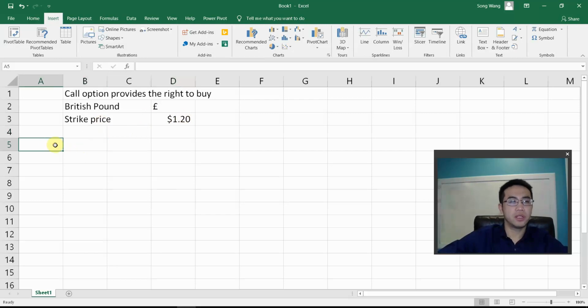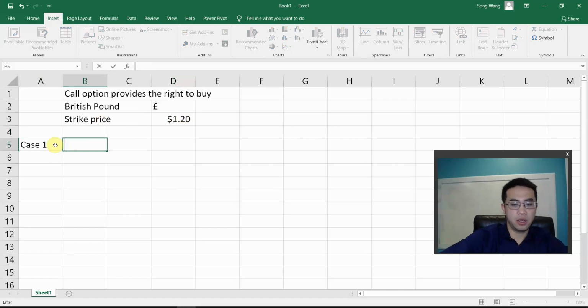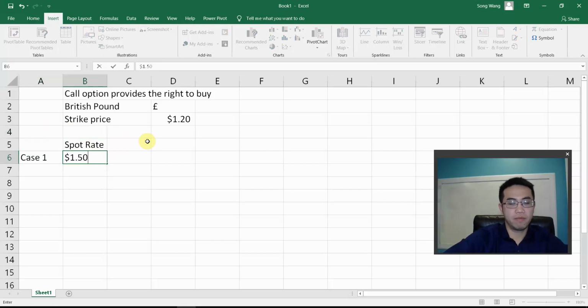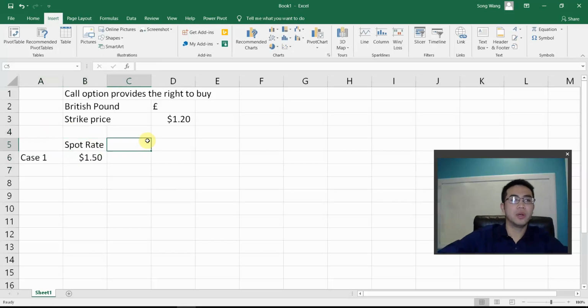The first situation, case 1, the spot rate is $1.5. So what's the status of this option?